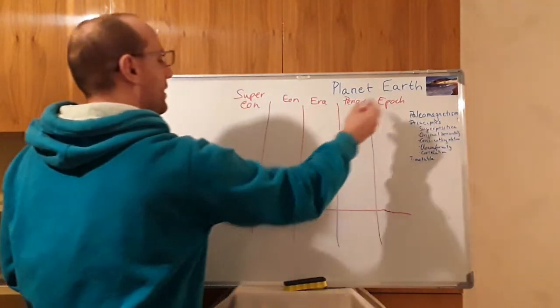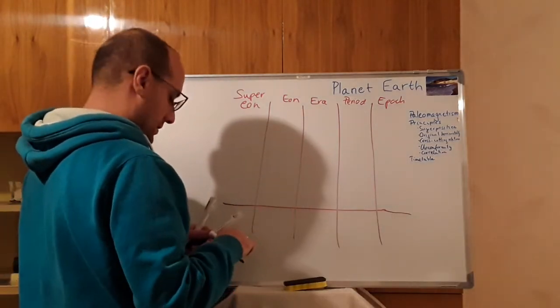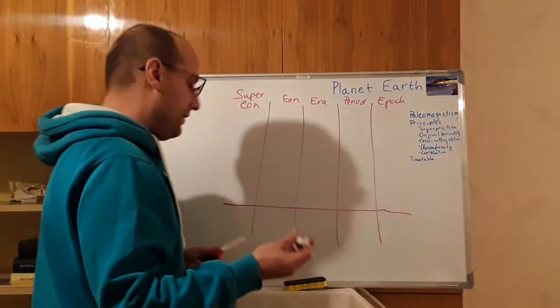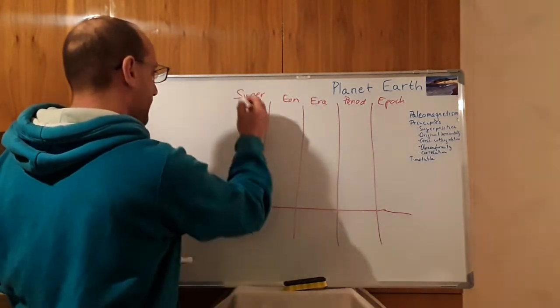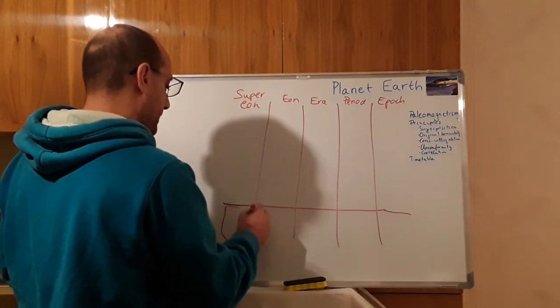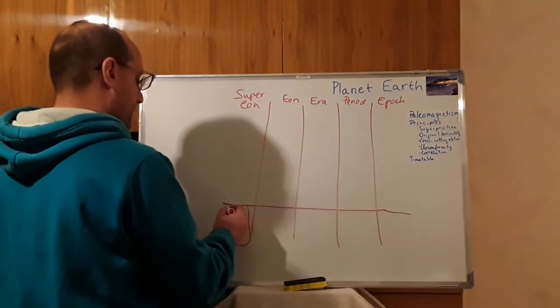So this is how we can think about different lengths of time. And what we have in the very first place is over here for super eon, only this box that we fill in, and that will be then the Precambrian.